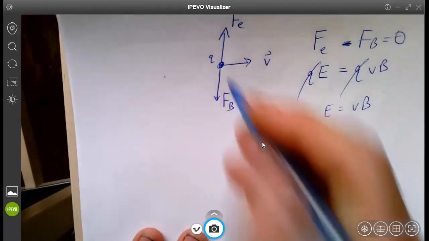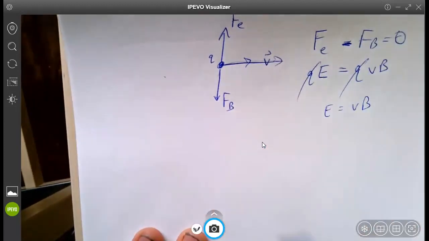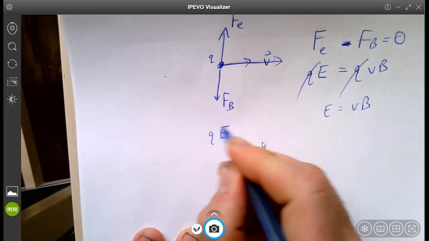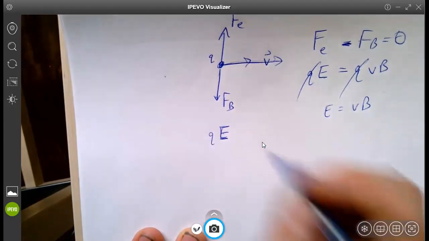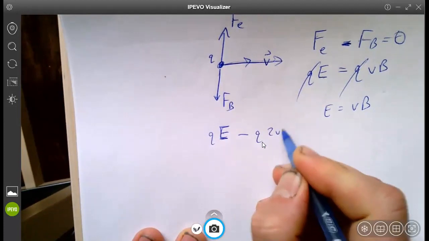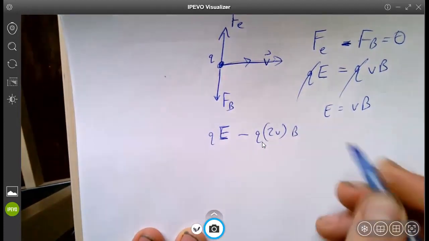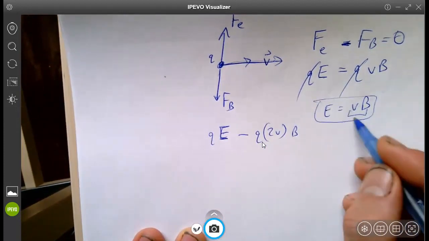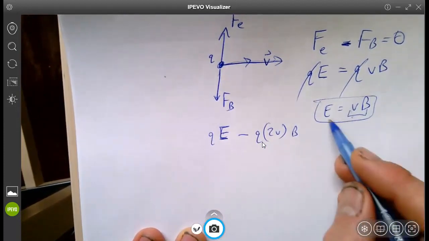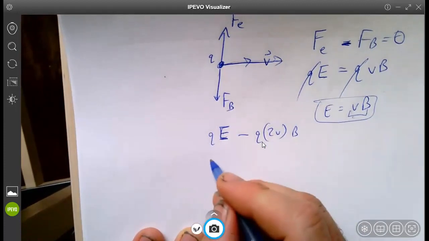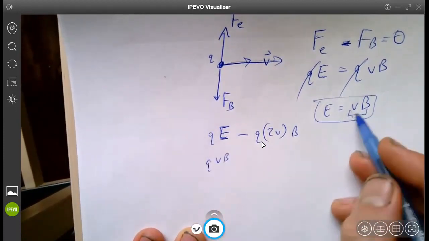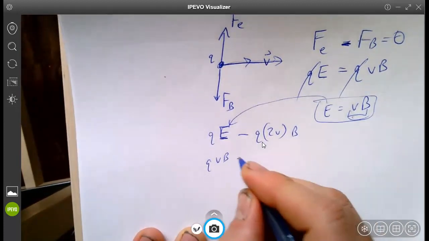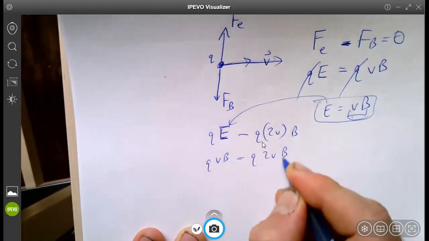But now, what if the velocity was twice as much? Well, now the electric force would be qE. That wouldn't depend on the velocity. But the magnetic force would now be q times 2v times B, right? So if we plug in for the previous condition what the electric field is in terms of the magnetic field, we could say that's qvB, minus q times 2vB.